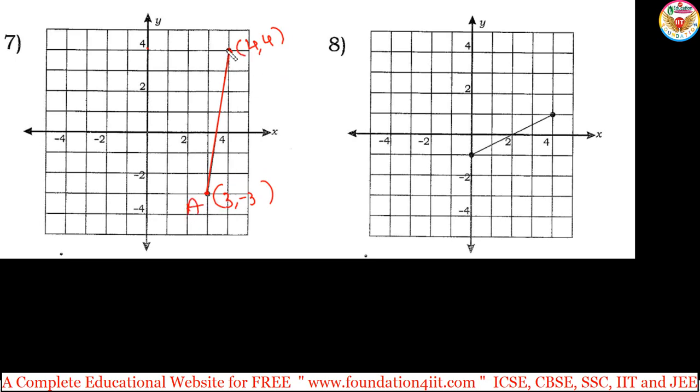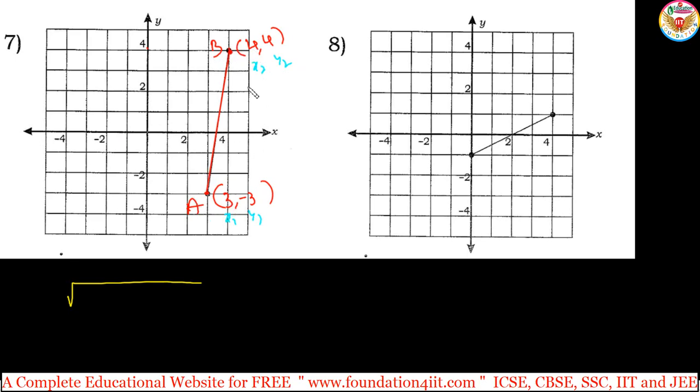Let us take points A and B. If it is a straight line, vertical or horizontal, we can find the distance directly. But if it is a cross line, we have to use the formula. If you take A as x1 y1, B must be x2 y2. Or if you take B as x1 y1, A as x2 y2, there is no change in the distance from A to B or B to A.